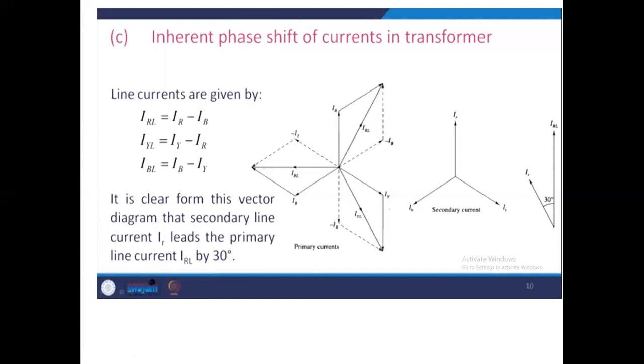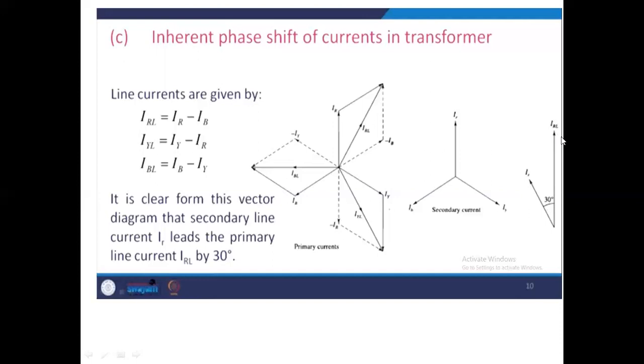If I consider the Dy11 vector group, then the phase shift available is how much? That is minus 30 degree, and the available point is somewhere like this, like 11 o'clock. So this is 11 o'clock.